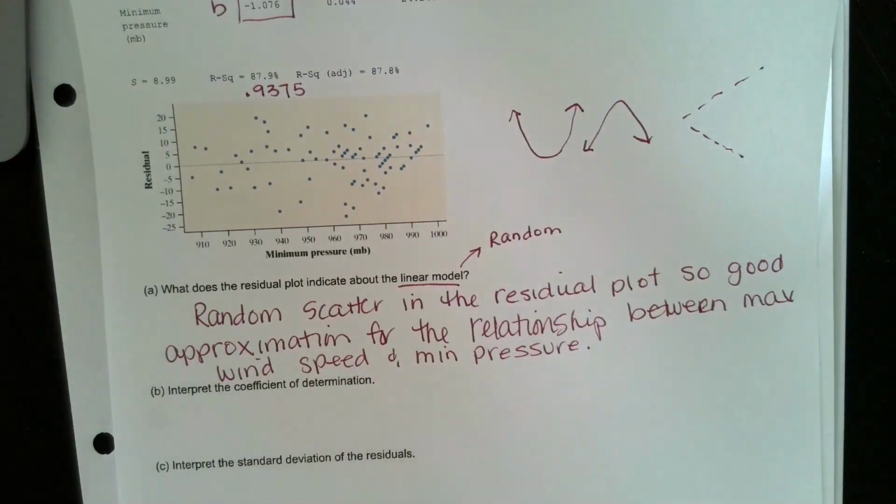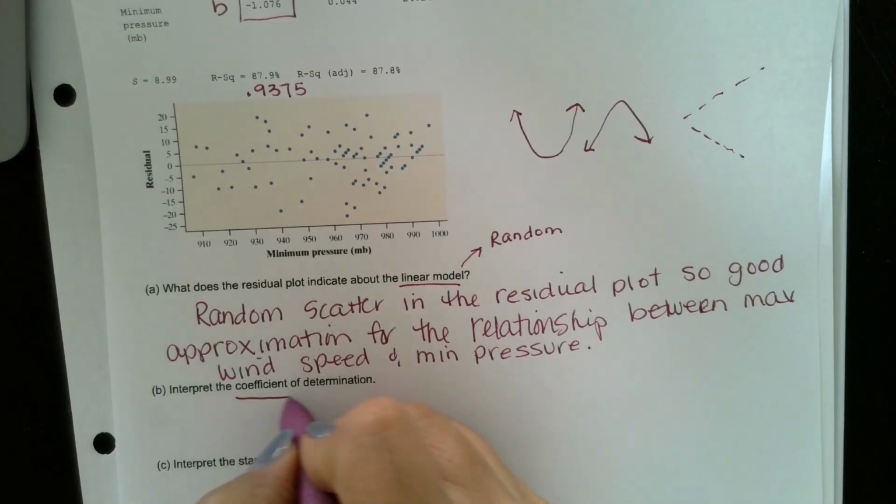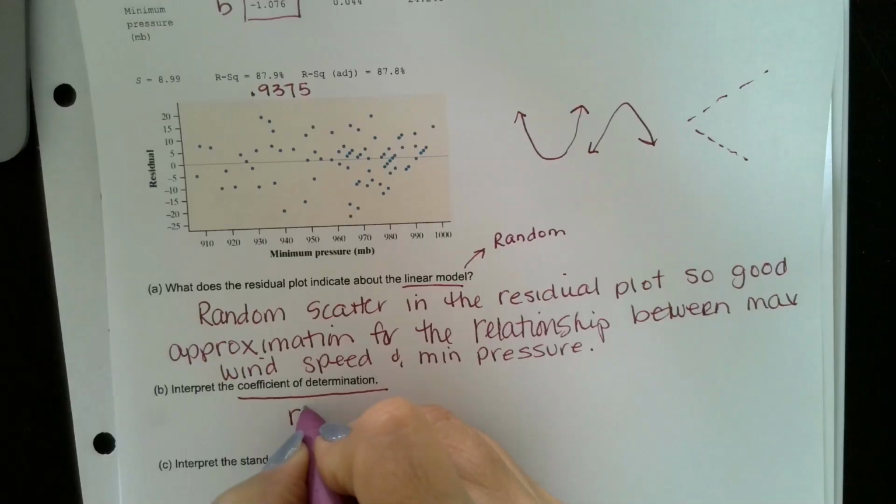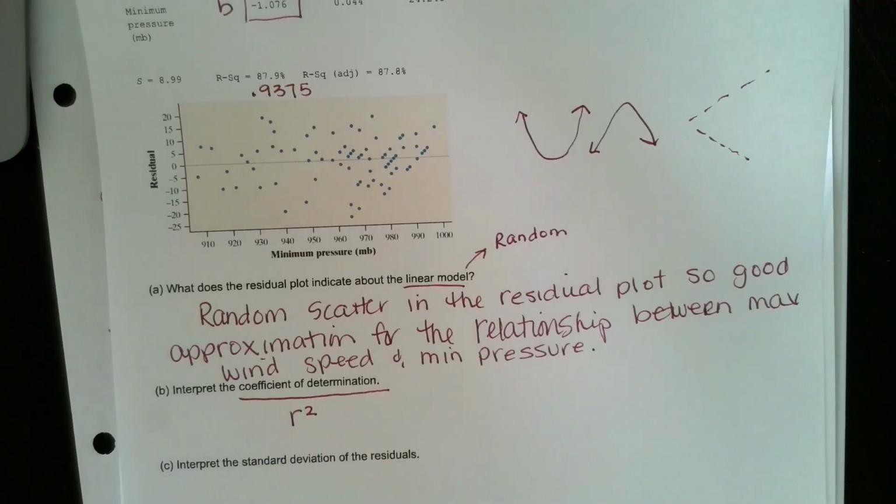All right, next one, interpret the coefficient of determination. So coefficient of determination is my r squared variable. So it's super important that you remember the difference between r and r squared. So that's my r squared variable.